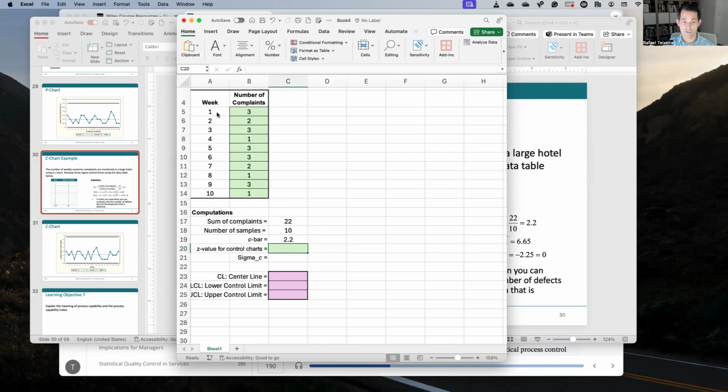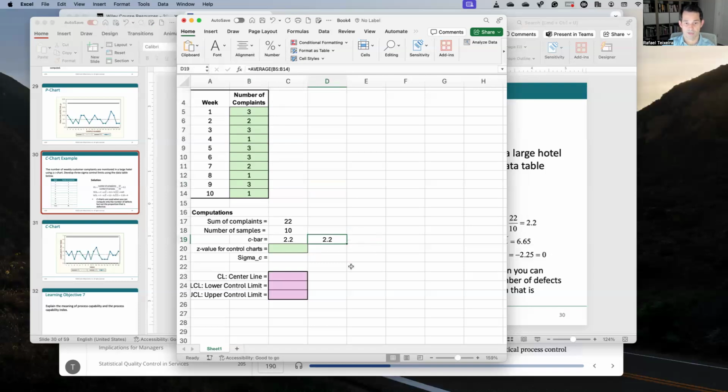So on average, the hotel has 2.2 complaints per week. We could also do equal AVERAGE, open parentheses, and select the range of data, which is the same thing.